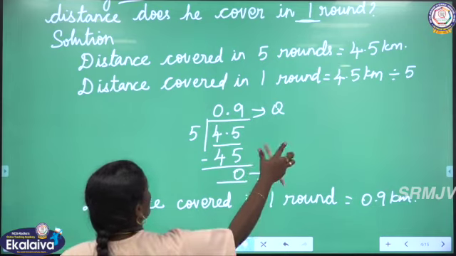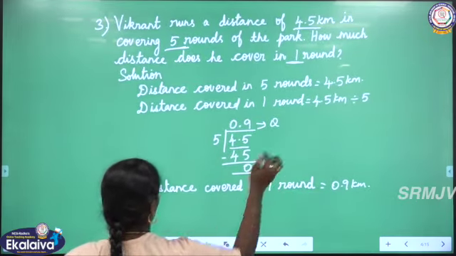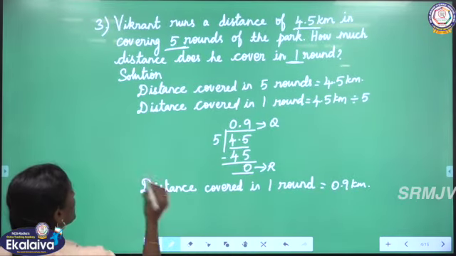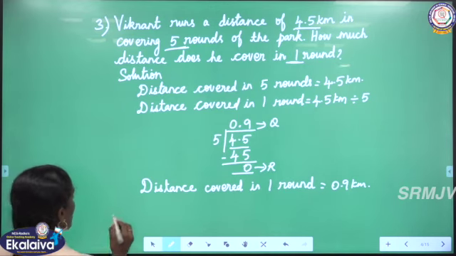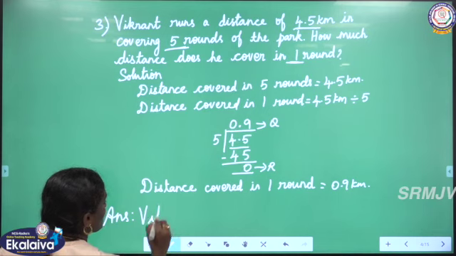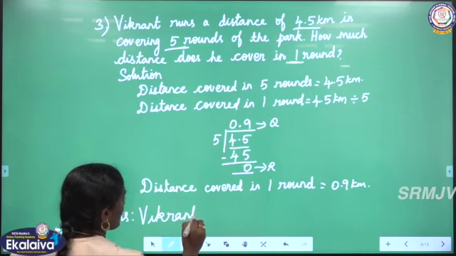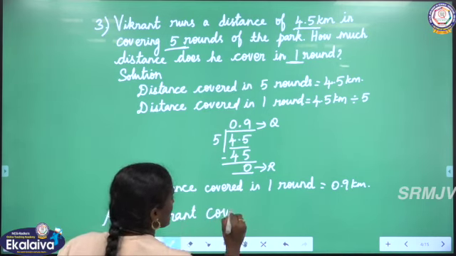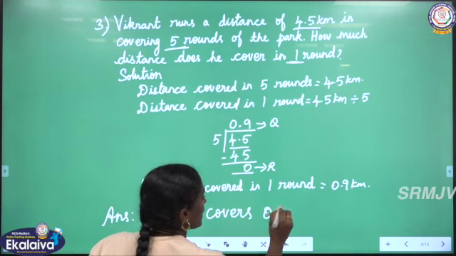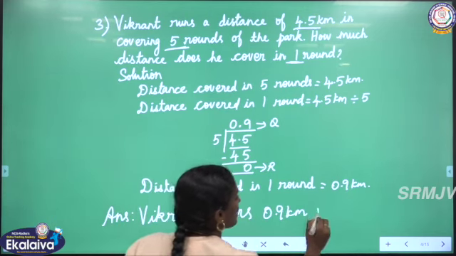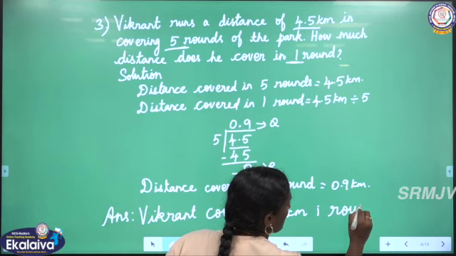Okay. You have to write the answer statement. How much distance does he cover in one round? Okay. So, Vikrant covers 0.9 kilometer in one round.